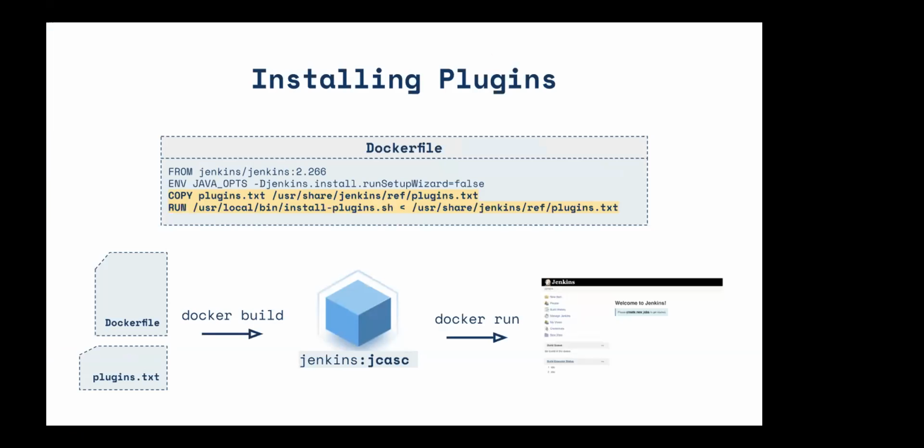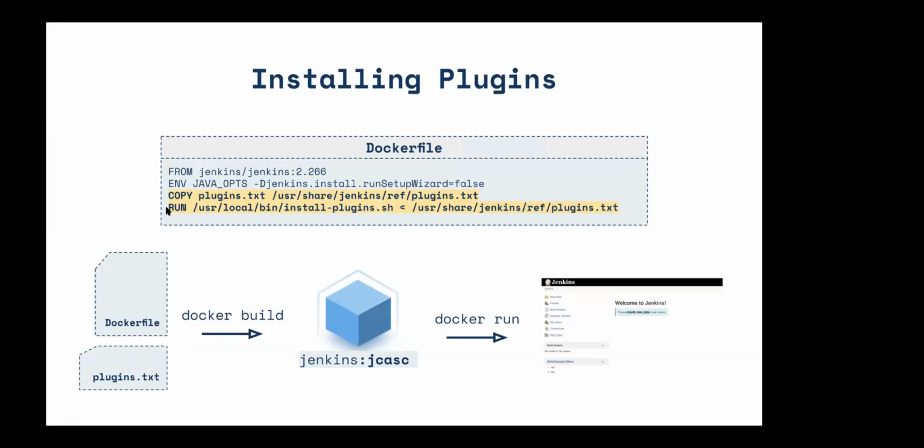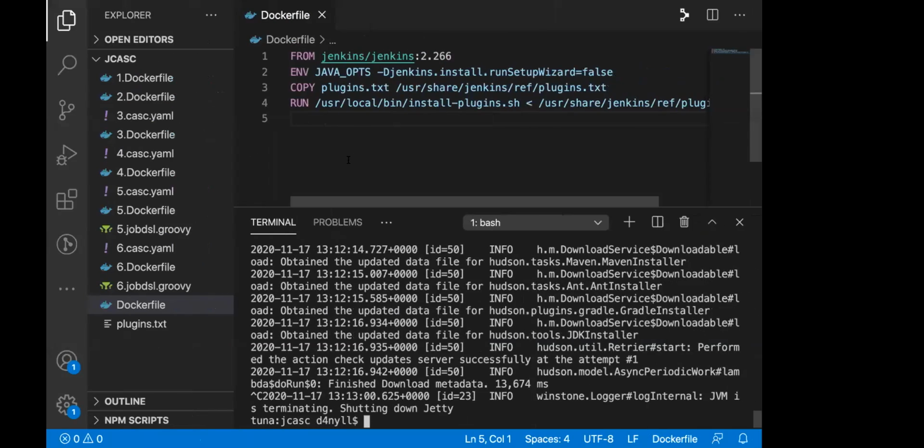So we're going to copy the list of plugins into the Docker image itself, and then add an extra instruction to tell Docker to run the script, passing in the list. So let's try that.